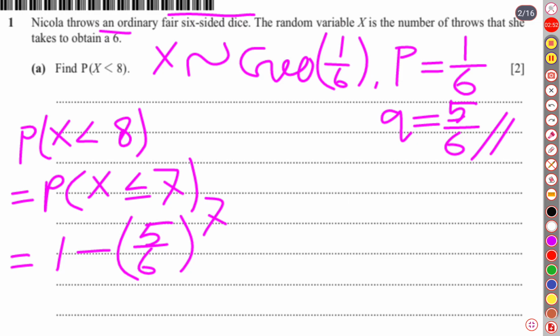That means out of 7 times he succeeded once and failed 6 times. So our probability is 1 minus 5 over 6 raised to 7, which is 0.727209. That is 0.727 if we round it to 3 significant figures. So that is the probability of succeeding within 7 attempts.